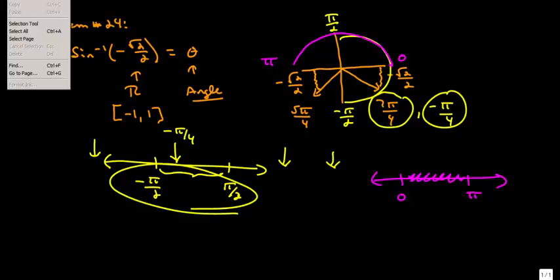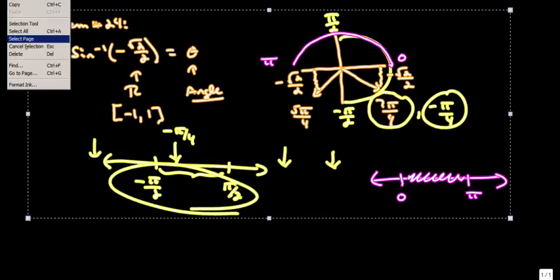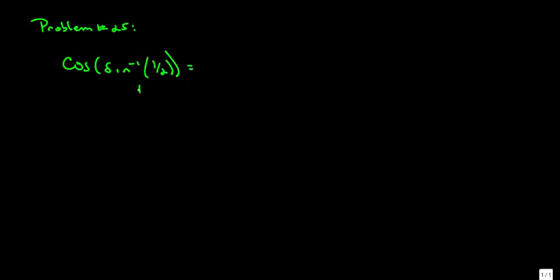Let's look at 25. Problem number 25, let's grab a different color here. We need to evaluate the cosine of the arcsine of 1/2. So to do that, we do work on the inside first.